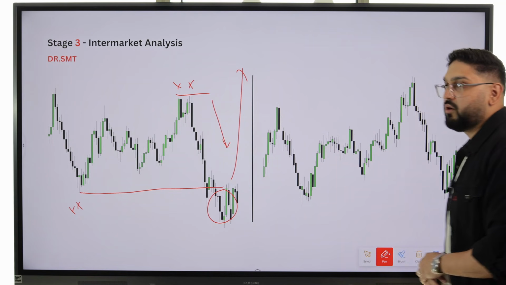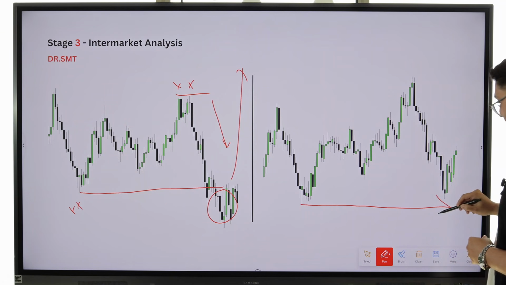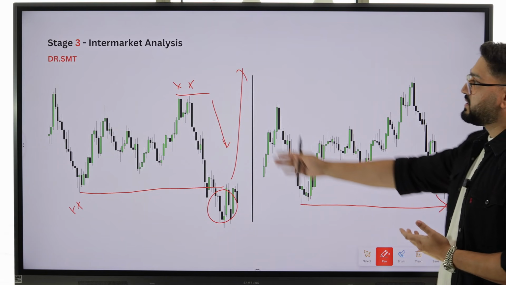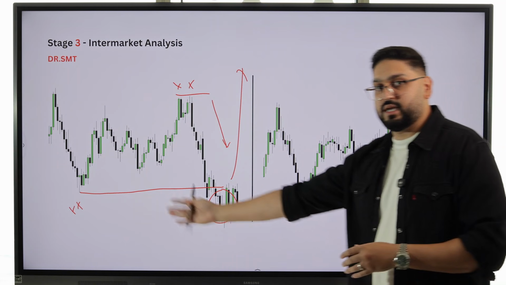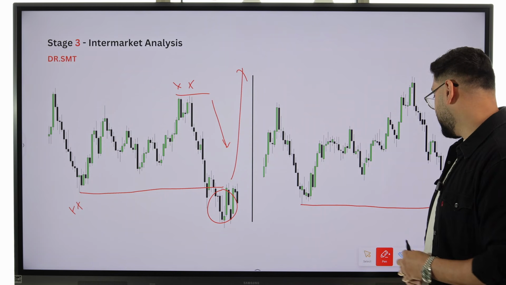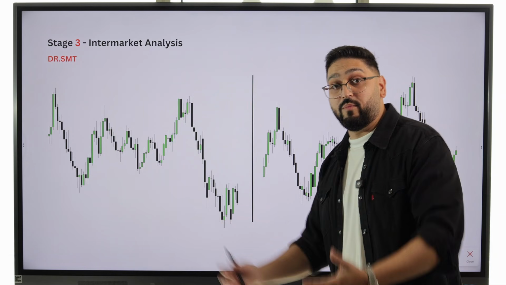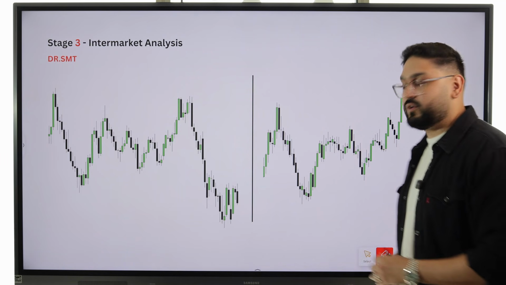Note what happens here on the British pound. The same equivalent low, we are failing to trade below it, whereas the euro is managing to get below its old dealing range low. When we combine this with stop runs on a higher time frame, this works as an extremely powerful confirmation of a market reversal.